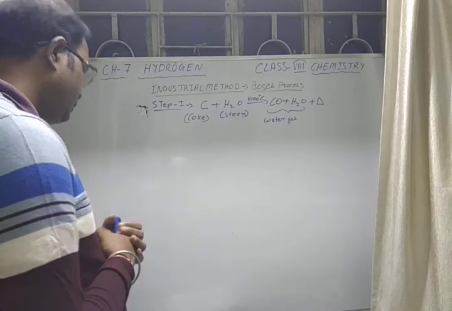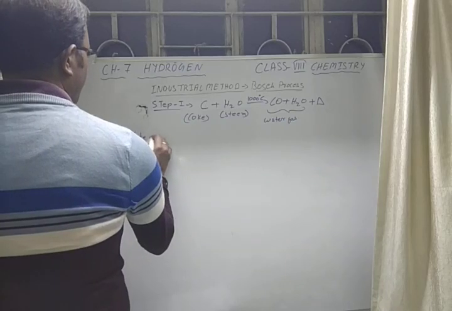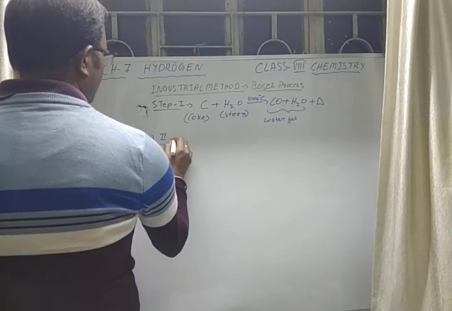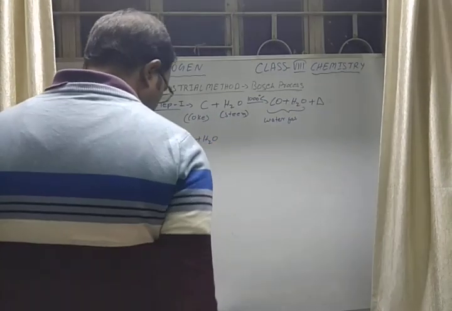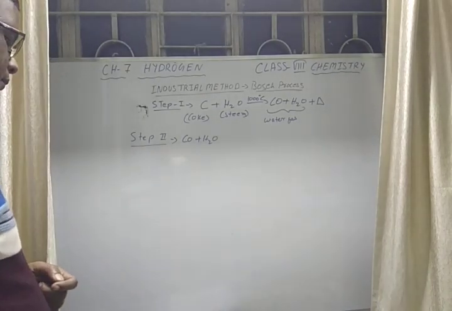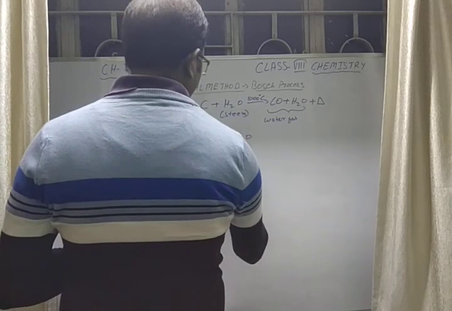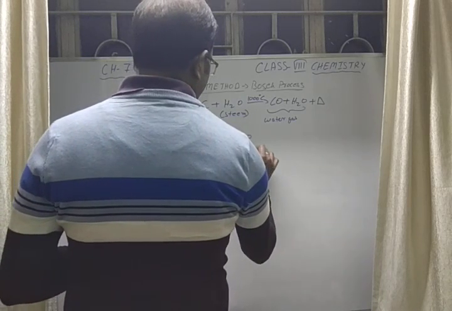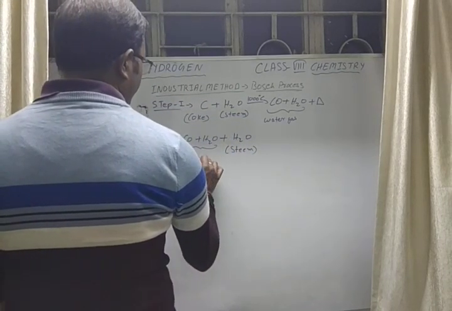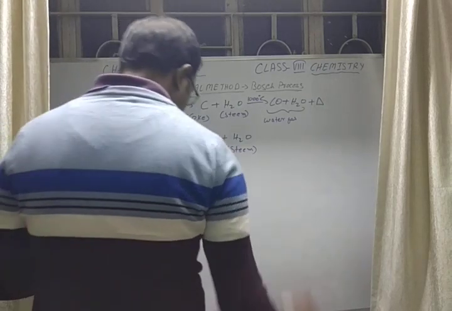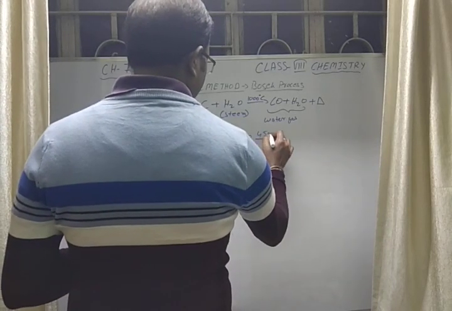Now in step 2, this carbon monoxide plus hydrogen is again passed through steam, at about 450 degrees Celsius.